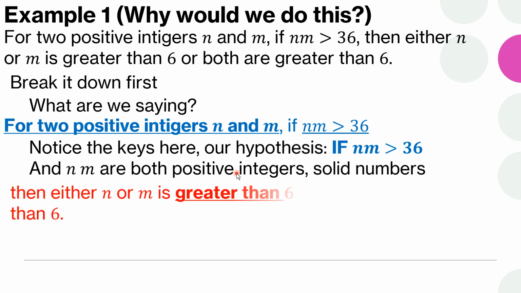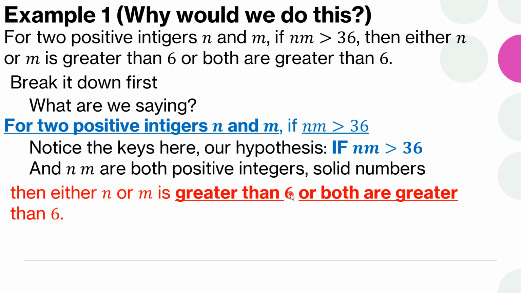Then either n or m is greater than 6, or both are greater than 6. So we're looking at both cases: either one is greater than 6 or both are greater than 6.